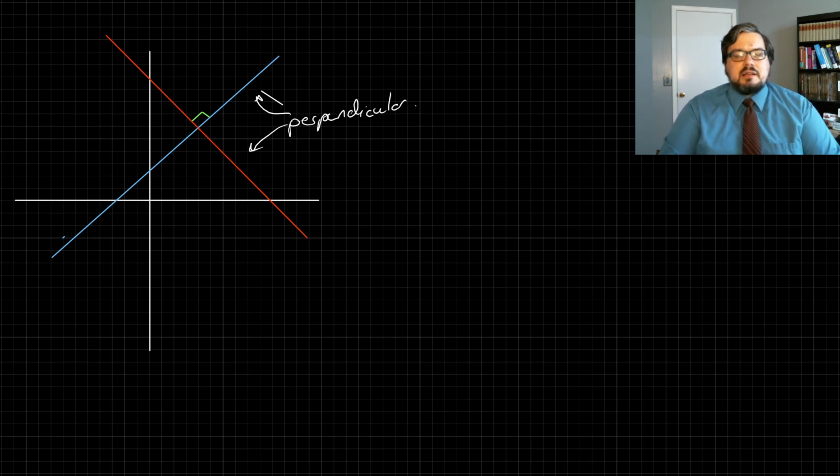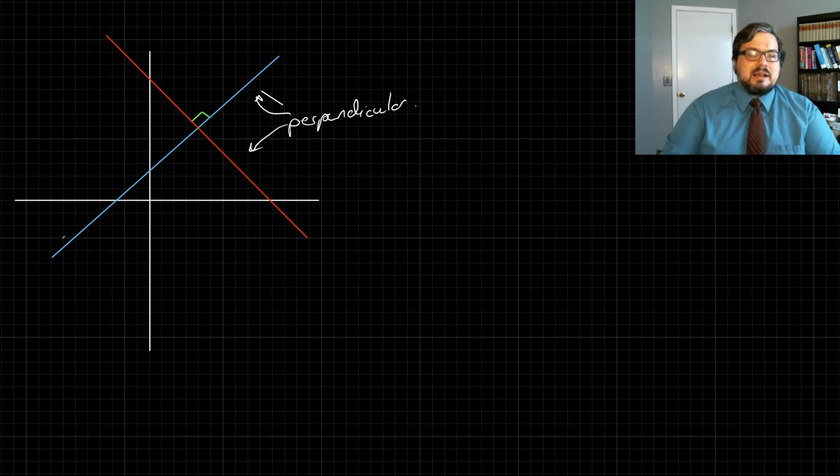Working out what exactly the condition is on slopes for two lines to be perpendicular is not quite as straightforward as working it out for parallel. And we're not going to try to prove it here. Again, we may return to that in the future.